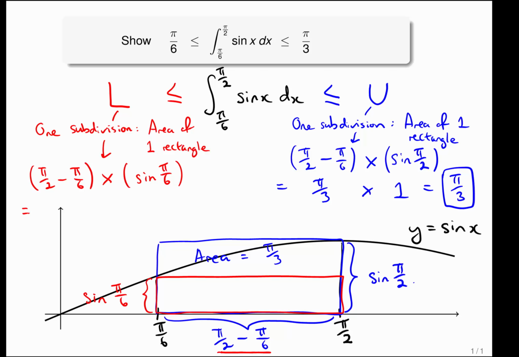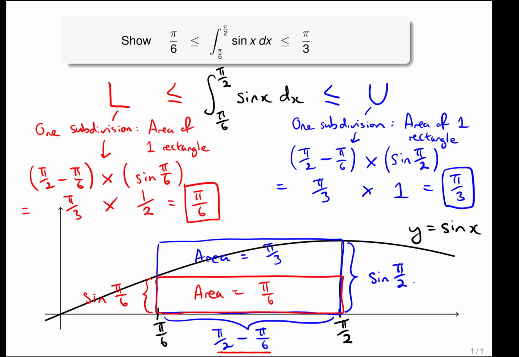Now, pi on 2 minus pi on 6 is pi on 3 once again, and sine of pi on 6 is a half. Thus, the lower Riemann sum is just pi on 6. This proves that the integral is bounded below by pi on 6.